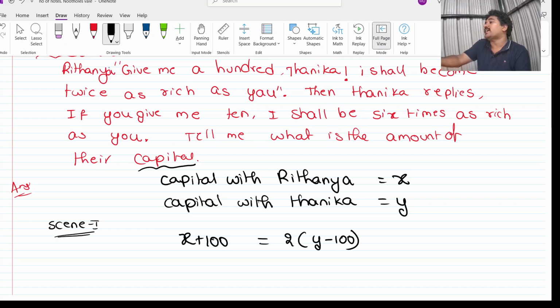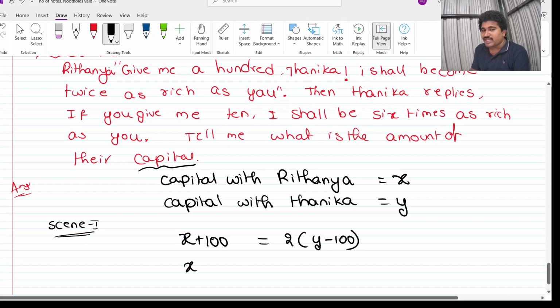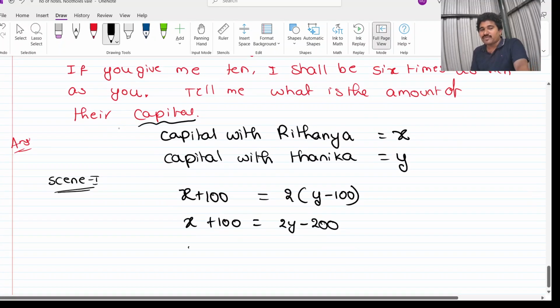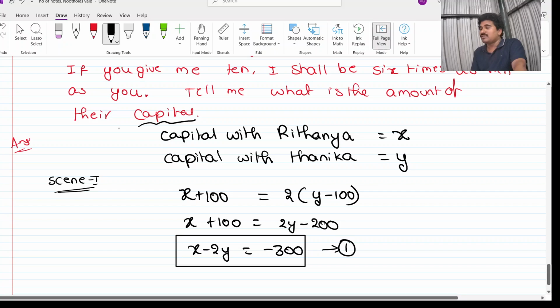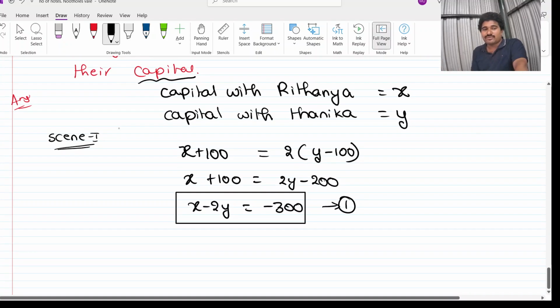After she takes 100, she is comparing. Write properly: X plus 100 is equal to 2y minus 200. Altogether it becomes X minus 2y equal to minus 300. Equation 1. Understood?